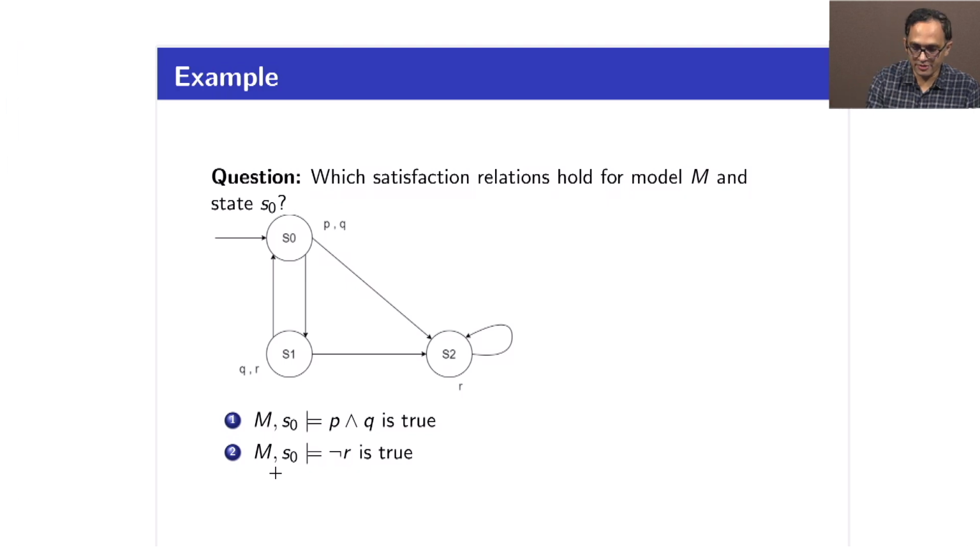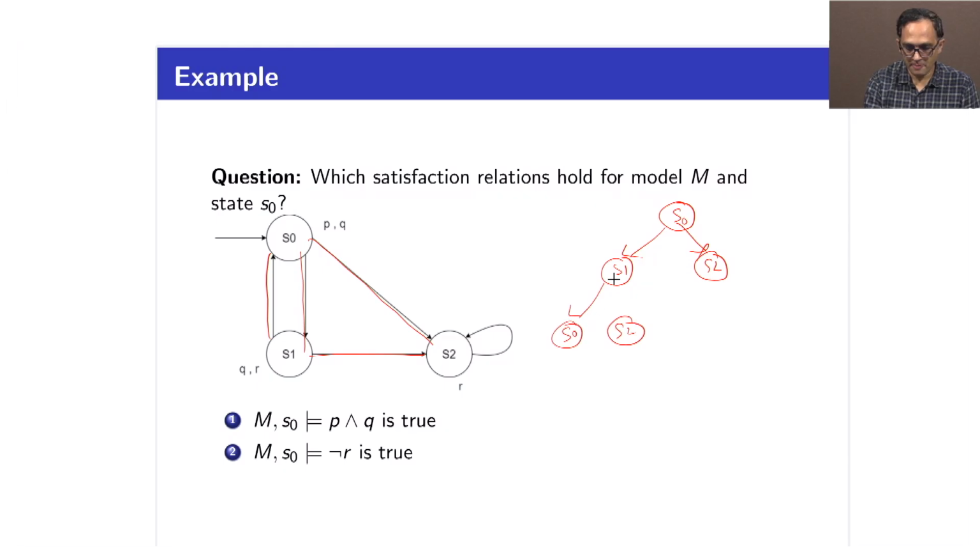Let us say I have S0 here. From S0 you can go to S1 and S2, because you have transitions here and here. So there will be two next states, S1 and S2. Now, from S1 you can go to S0 or S2, so from here you have S0 and S2.